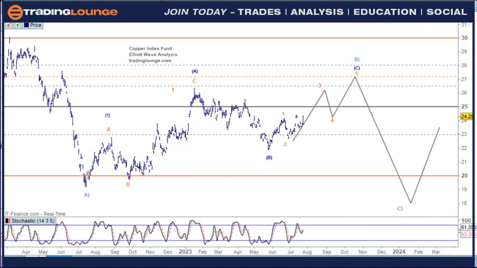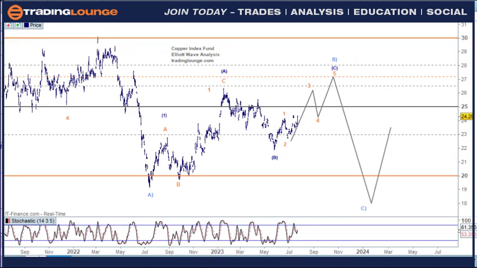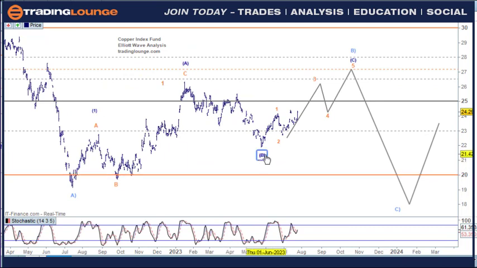And yeah, so copper. As I mentioned with copper, this is the United States Copper Index Fund, and we've had this here with a wave B here with 1 and 2 and 3 and 4 and 5. That's what I think. So it will kind of tie into some other markets as well, a bit like crude, I guess.